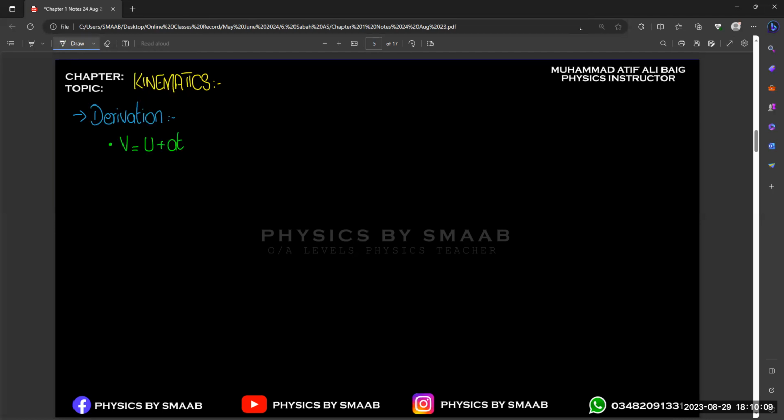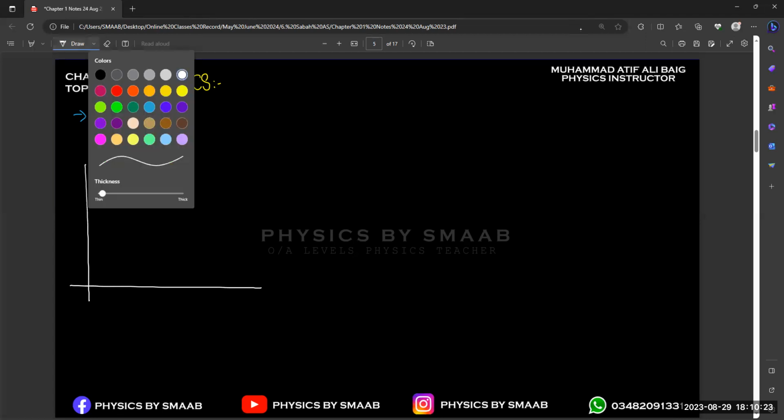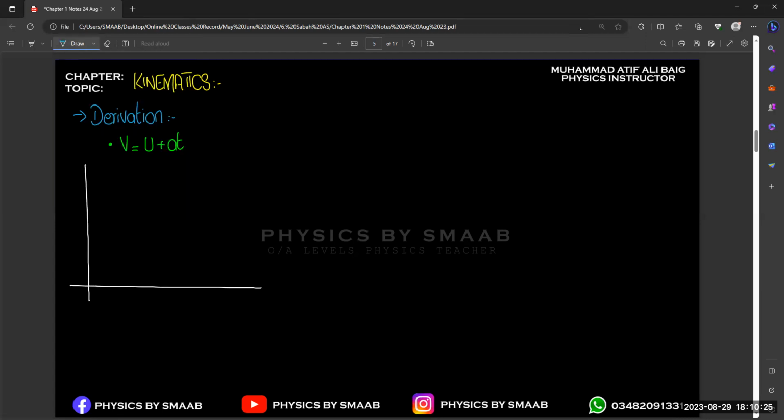So initially, if we consider a graph, let's suppose we consider any point on the speed time graph. This is the speed, this is time. Let's suppose we are starting with some initial velocity, right?